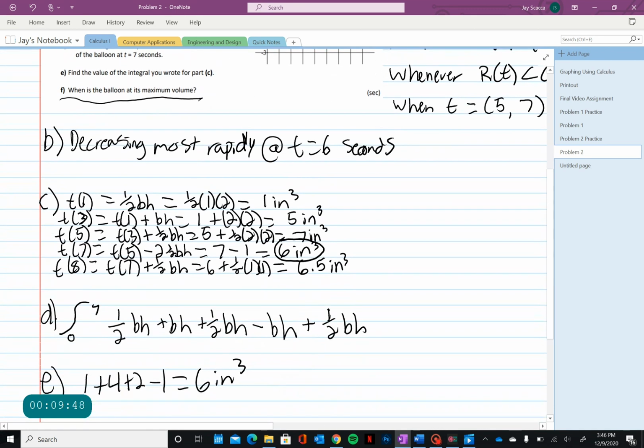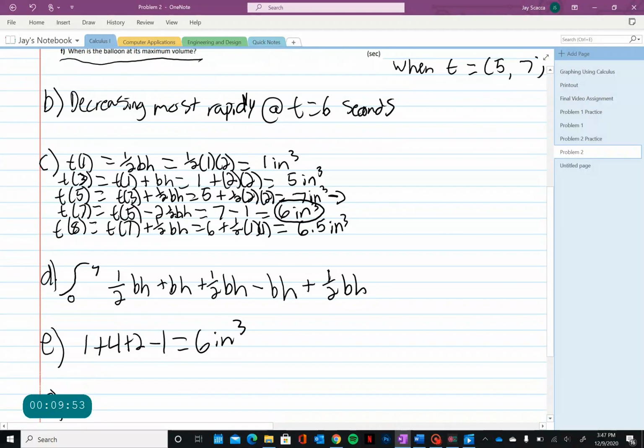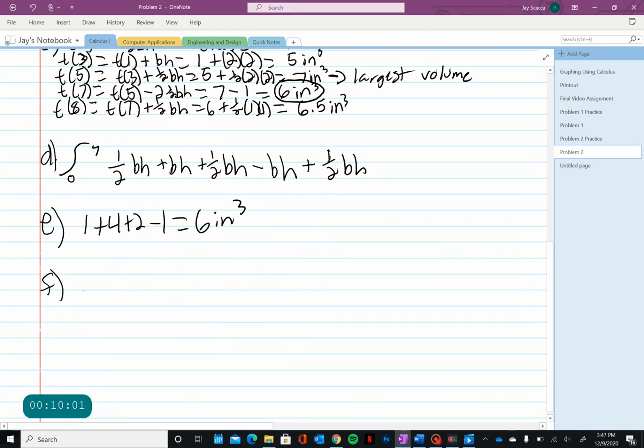And we can also see right here, this is the largest volume we calculated. So at t equals 5 seconds.